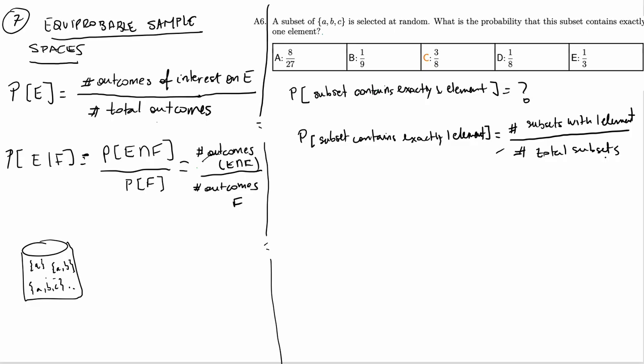So you have a bucket with a total number of subsets, and you draw one. What's the probability that the one you draw has a single element? That's the ratio: the number of subsets of interest, those with one element, divided by the total subsets.